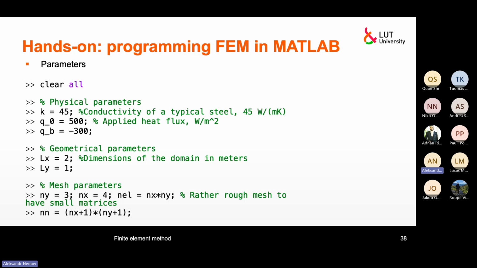So the energy per time is watt, and per area is per square meter in the SI system of units. Okay, so these are applied loads, this is a physical material property, then the geometry of our domain, and parameters of our mesh. So that's all the input information that we need.